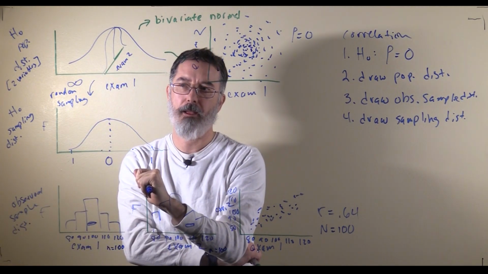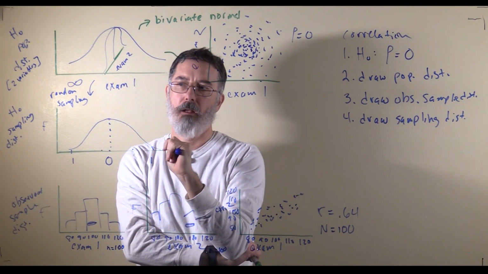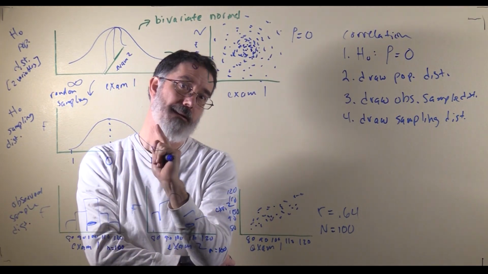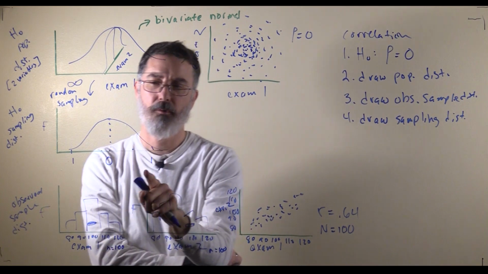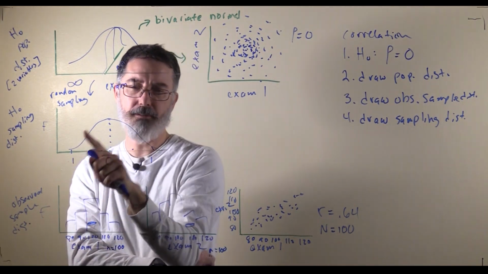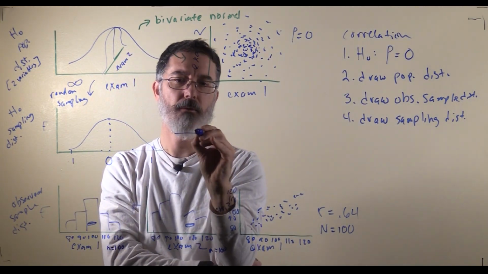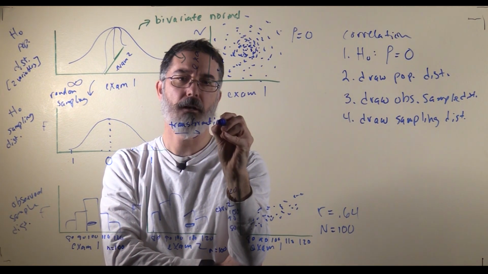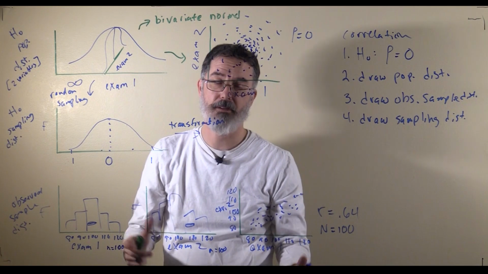It turns out that the sampling distribution of correlation coefficients is actually a t-distribution. So what we're going to do is we're going to take our correlation coefficients here, and we're going to do a transformation on them. Remember, we did z-score transformations a long time ago.